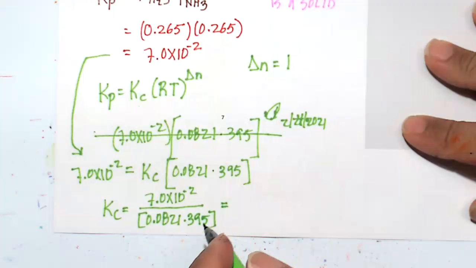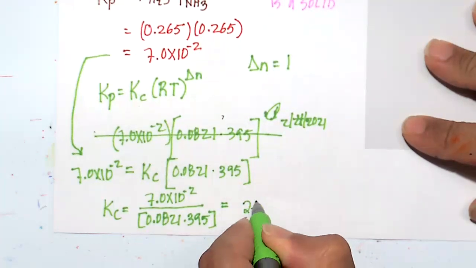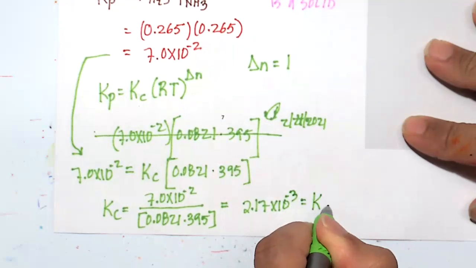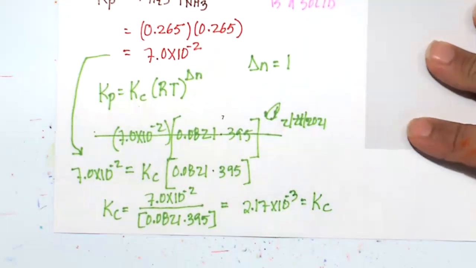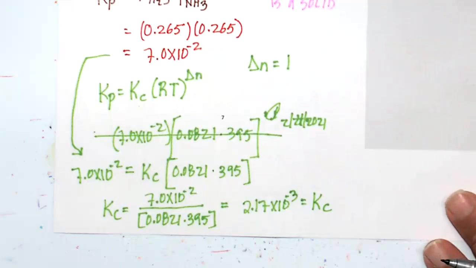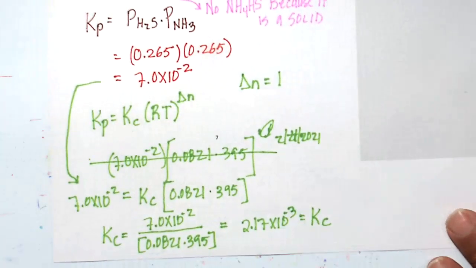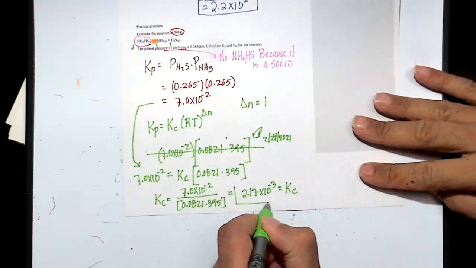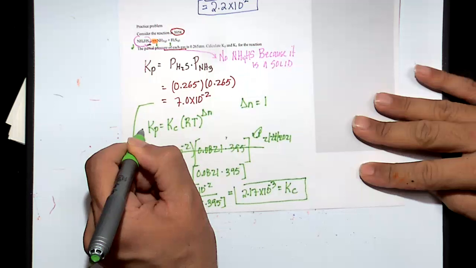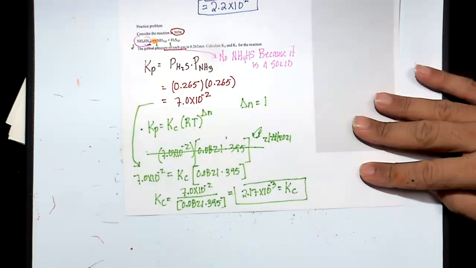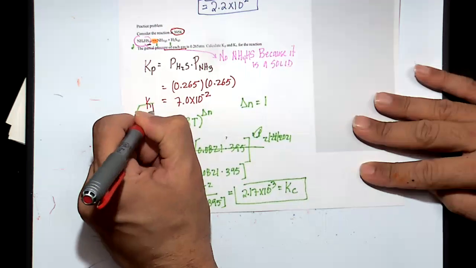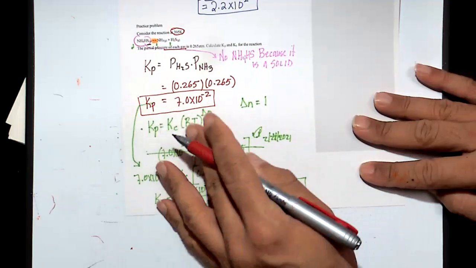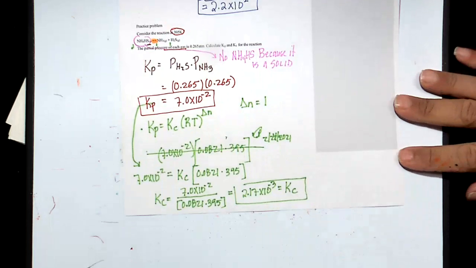And I am getting, as my answer here, 2.17 times 10 to the minus 3 for Kc. So we have our Kc, utilizing this equation, and we got our Kp utilizing the law of mass action. Products over reactants is how we got Kp.